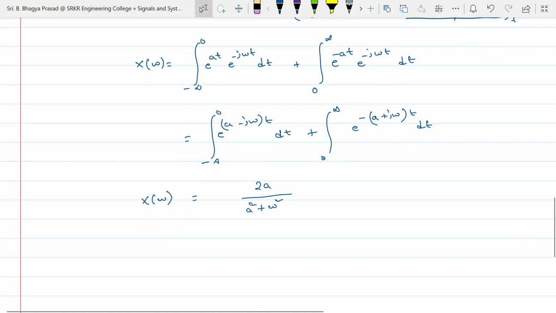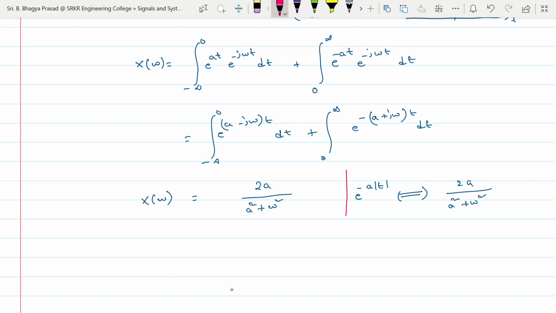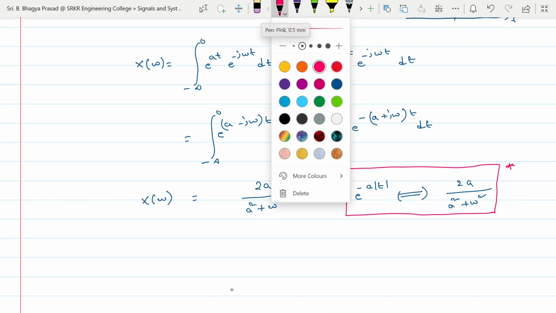So for e power minus a mod t, the Fourier transform is 2a by a square plus omega square. And this is the third standard pair.